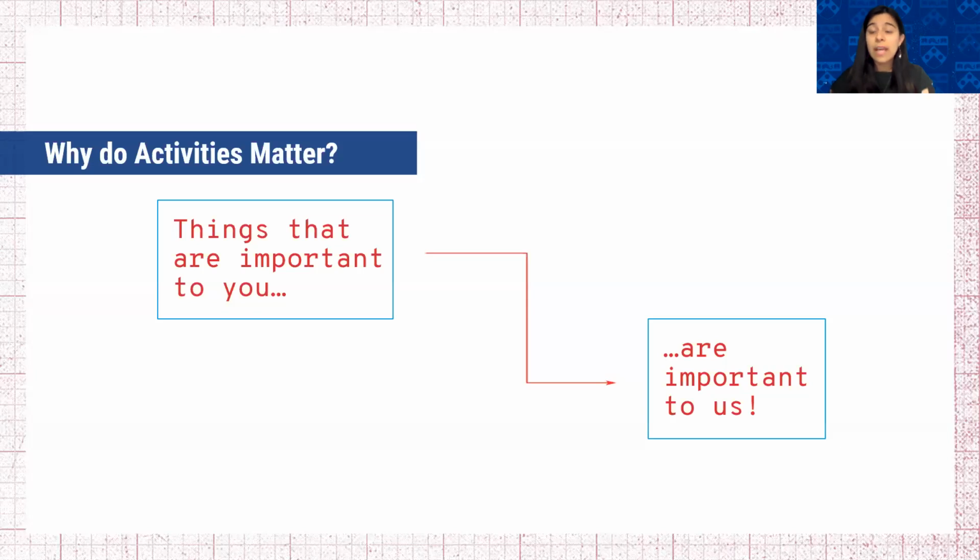This is, of course, those academically adjacent activities like your clubs, your extracurriculars, athletics, but also community service, employment, family responsibilities, hobbies, etc. So to summarize, how you spend your time outside of the classroom is part of your personal story. And that's the personal story that we're trying to understand as we're reviewing your application.